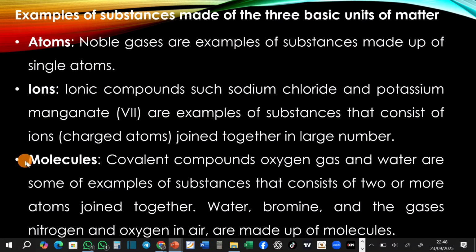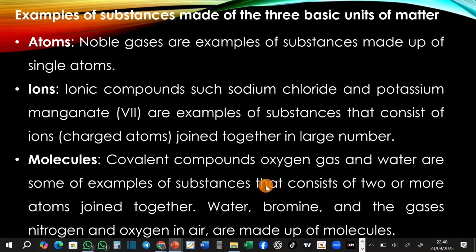Then we look at molecules. If we also go out there in the universe, we'll find different kinds of matter that are just made up of molecules. What are these different kinds of matter made up of molecules? Covalent compounds. So what are these? Like oxygen gas, water.